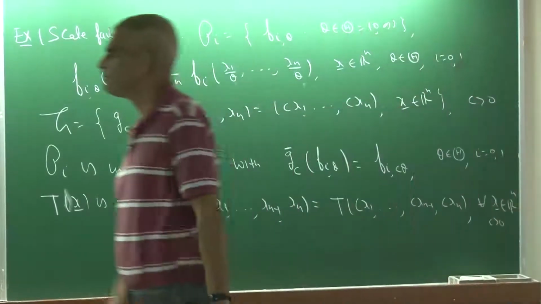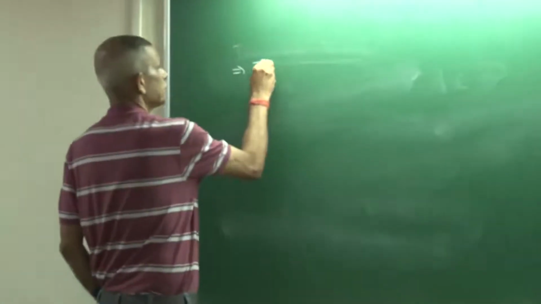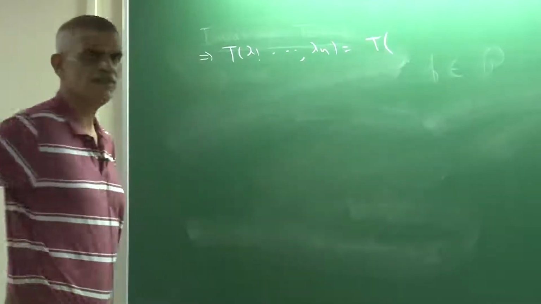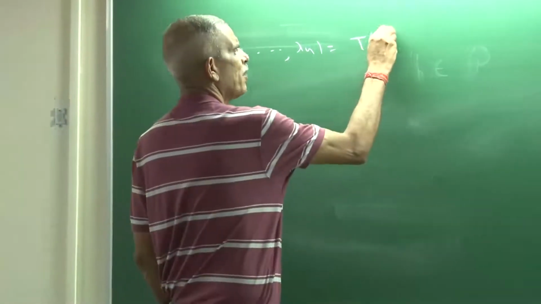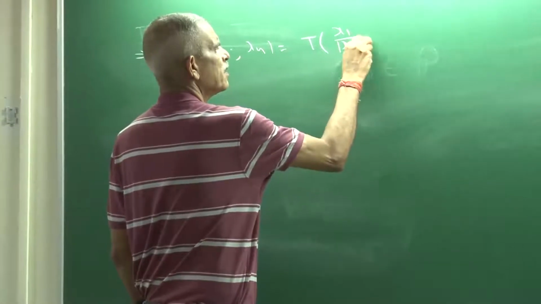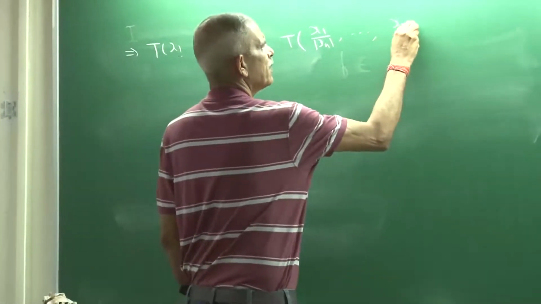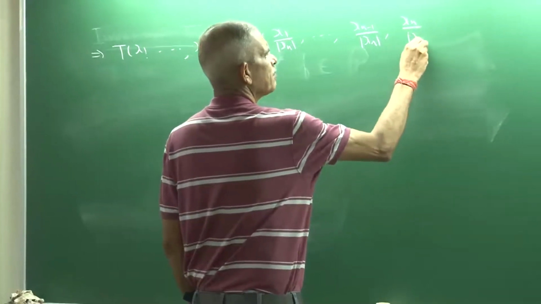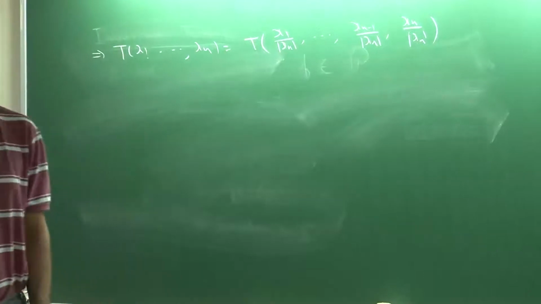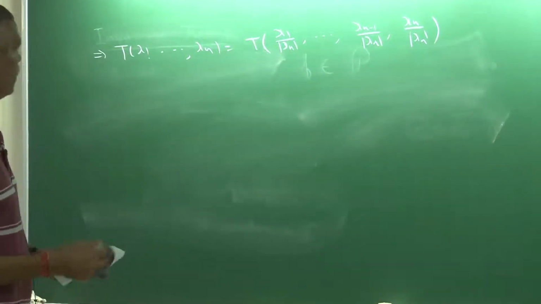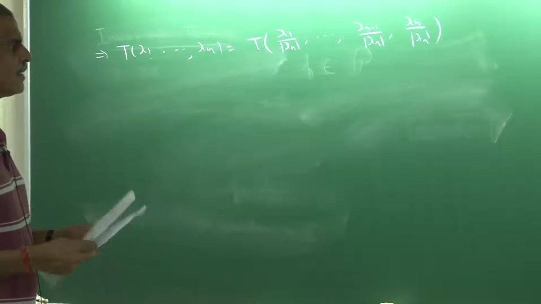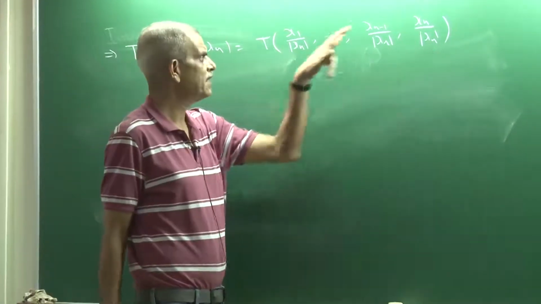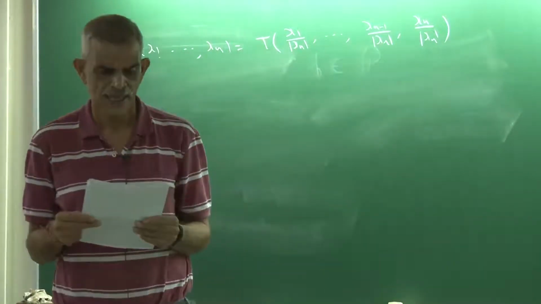So this means T of x1 upon mod xn, xn minus 1 upon mod xn, and xn upon mod xn. So any invariant statistic has to be a function of this, which is x1 upon xn, xn minus 1 upon xn, and xn upon xn.